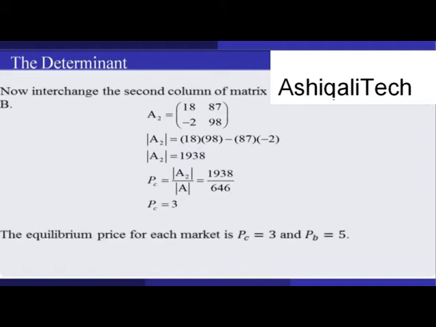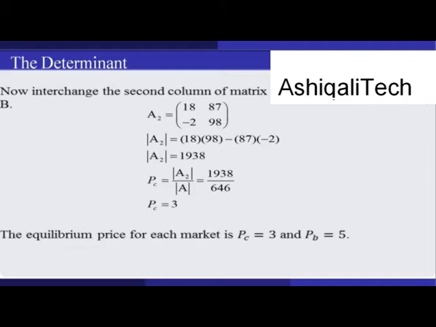Now we calculate the determinant of A2, which is given by 1938. And again we get PC is equal to A2 determinant divided by A determinant, which is 1938 divided by 646. So PC is equal to 3. So we can interpret these results that the equilibrium price for each market is PC is 3 and PB is 5.